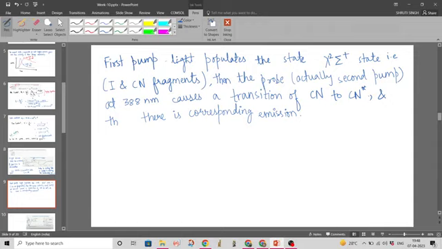It has to generate some CN fragments, and then the CN fragment is getting excited to form CN star, and after that the CN star is giving emission. So these many steps are involved, and this was studied by laser induced fluorescence.